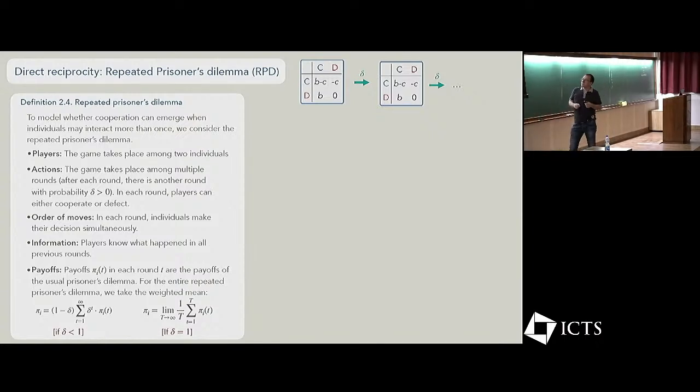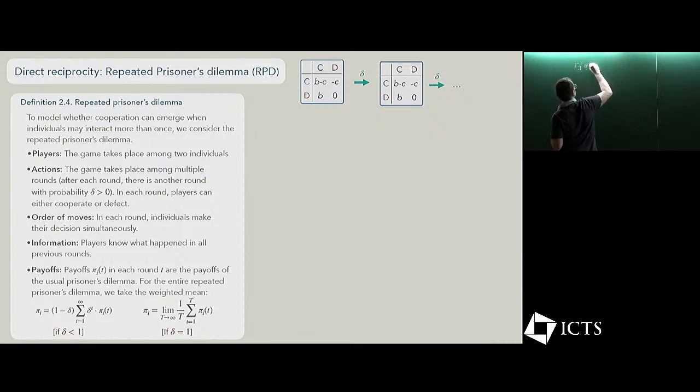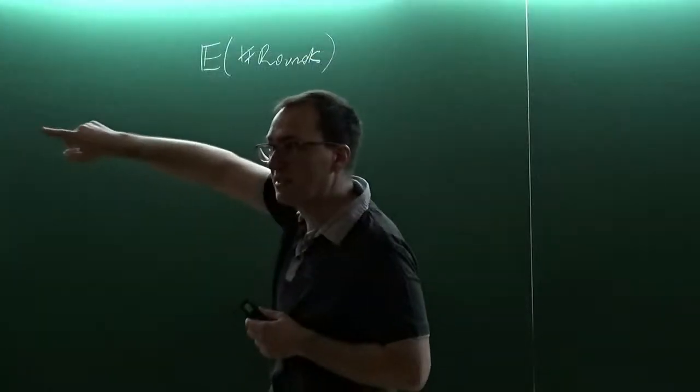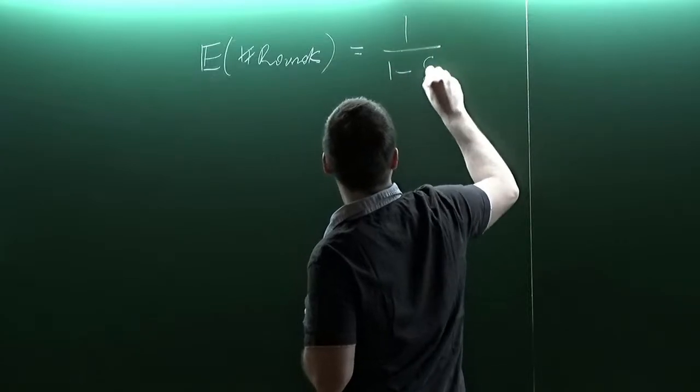To be precise, the probability that there are exactly T rounds, I believe that's delta T. Or perhaps the right way to motivate it is, what is the expected number of rounds? If you take this distribution, it turns out it's 1 over 1 minus delta.